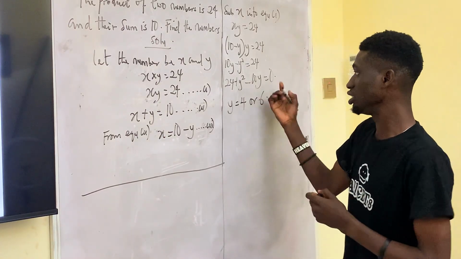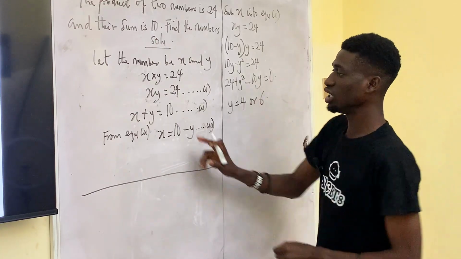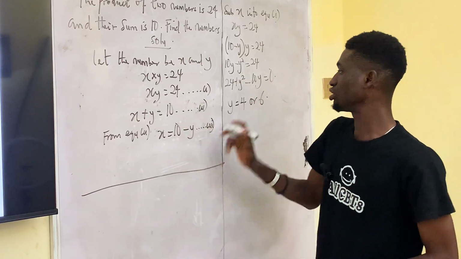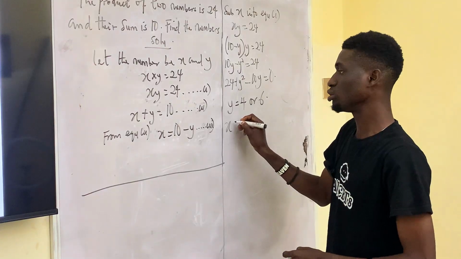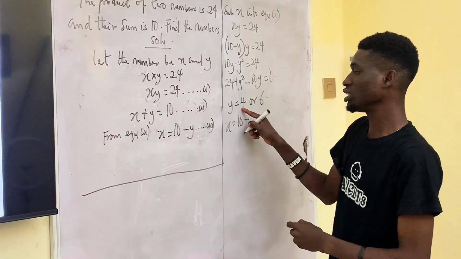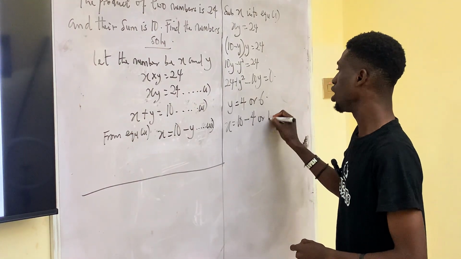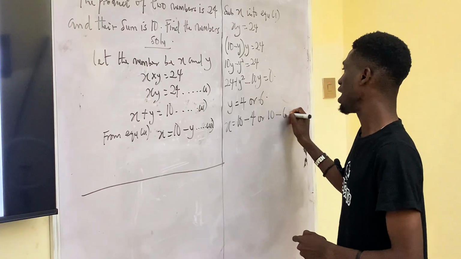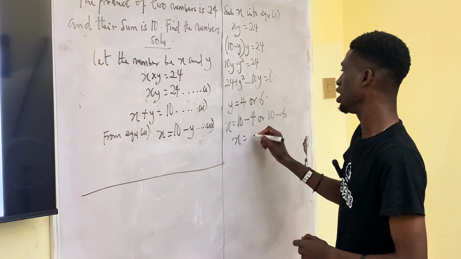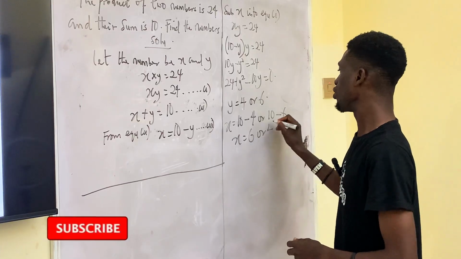Now, once you have gotten it, bring these two values into your equation here to get x. So x now will be 10 minus y: y is 4, or 10 minus y: y is 6. So our x will be either 6 or 4.